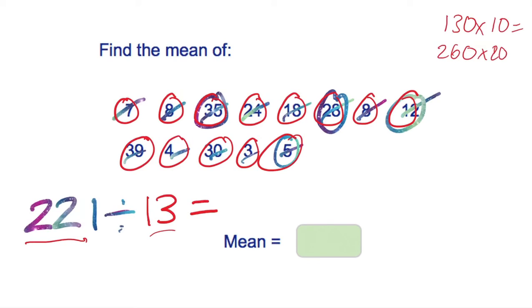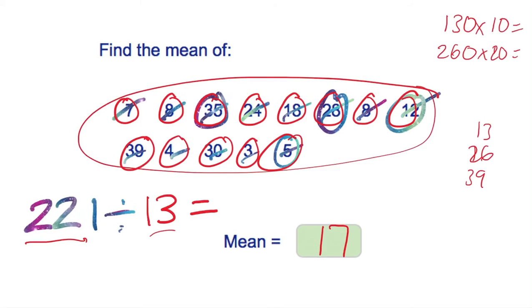And we only go as far as we can here, and then we write our multiples. Like so. Anyway, if we work it out either by calculator or by our written method, the answer is that there are 17 13s in 221. So the mean of this data set is 17, okay?